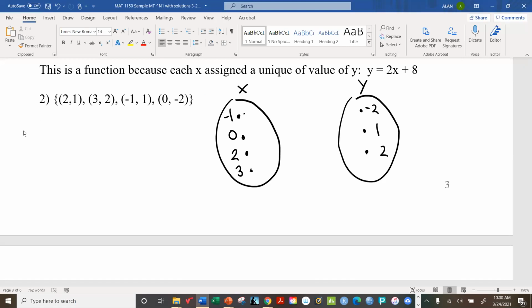All right, so -1 has been associated with 1, right here at this point. 0 has been associated with -2. Over here, 2 has been associated or assigned to 1.